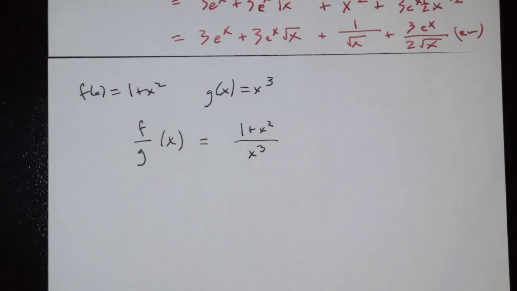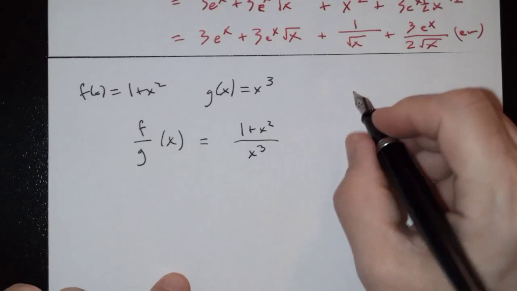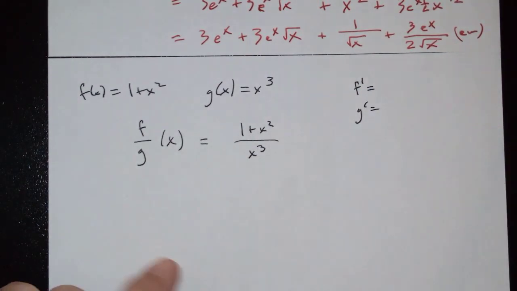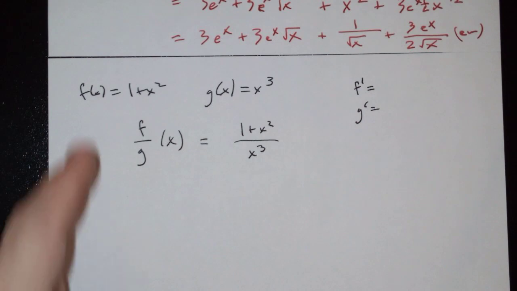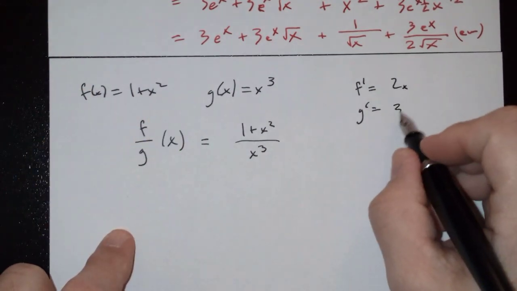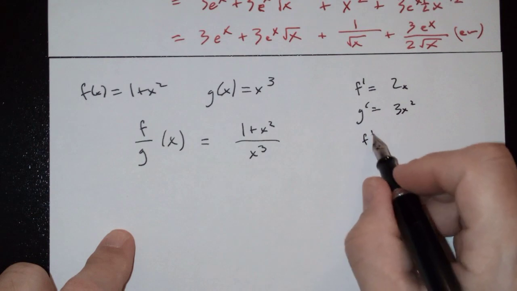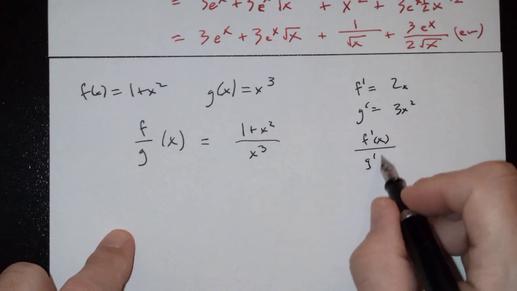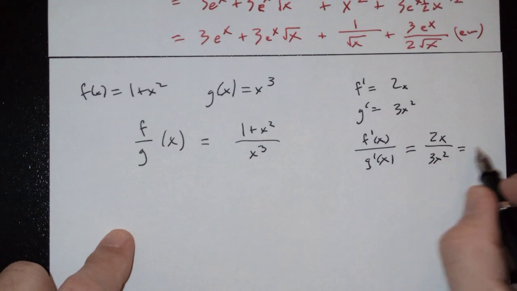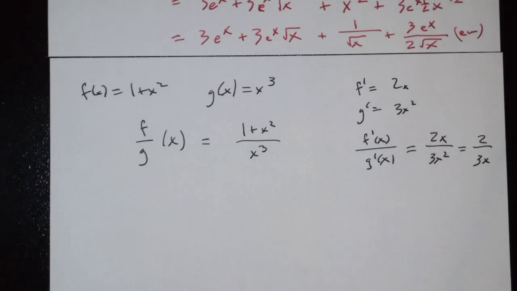Wait a second. F prime and g prime, what are they? You want 2x, 3x squared. So f prime over g prime is 2x over 3x squared, or 2 over 3x. I can cancel x on the top and the bottom. Yes?